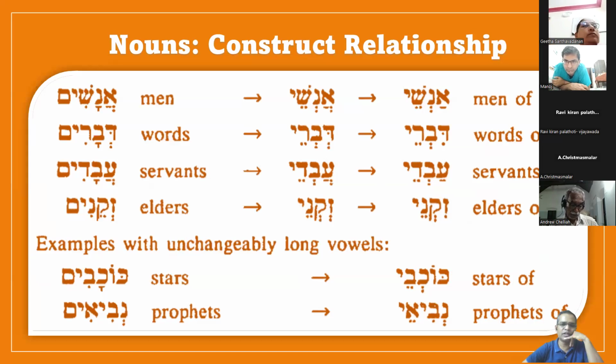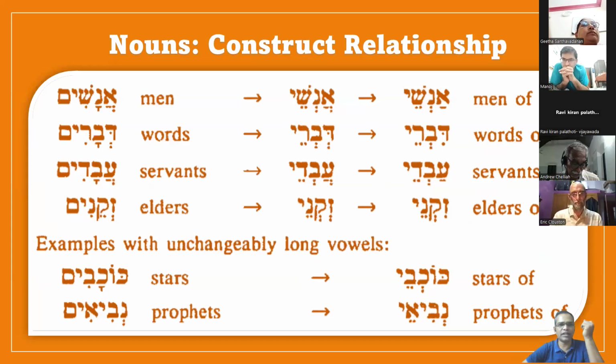And before that, you see either a composite Shiva or simple vocal Shiva. In the next example, you can see that. So in this case, you see Anshe, right? When two vocal Shivas stand together, the first one should be raised to a full vowel, and the second one automatically becomes a silent Shiva.